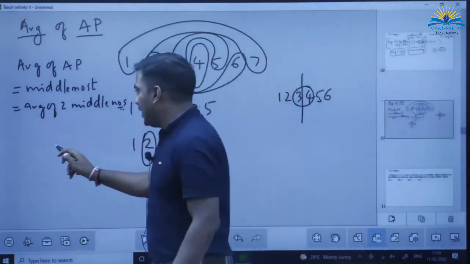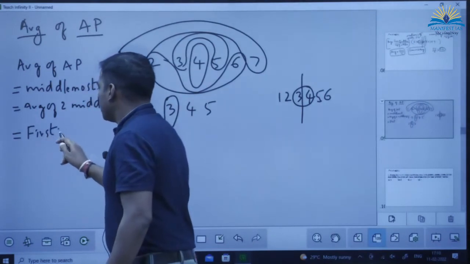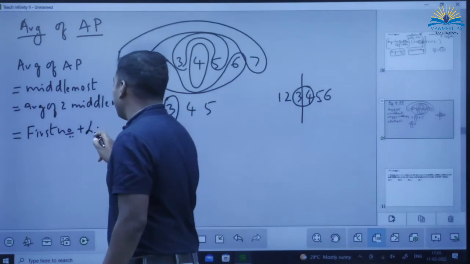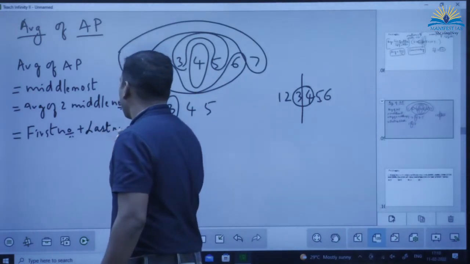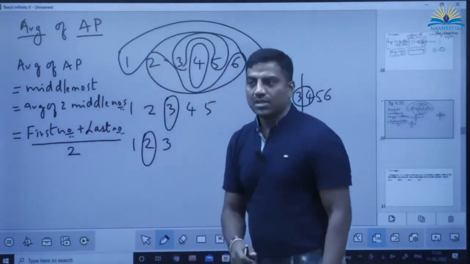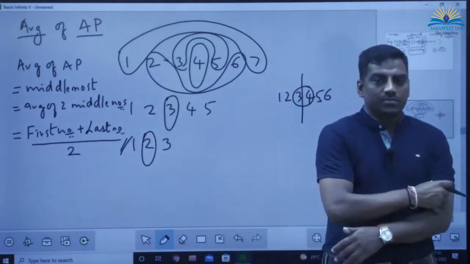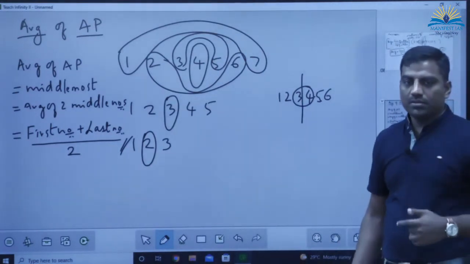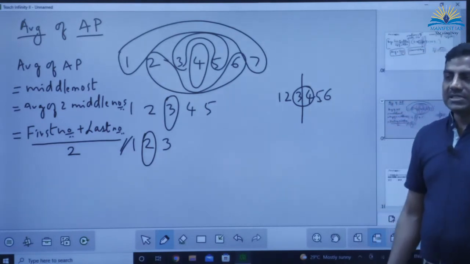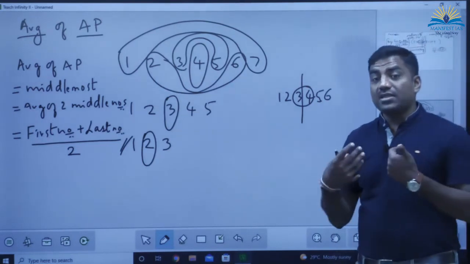For any AP, the average is first number plus last number divided by 2. This is the formula that we have to remember. First number plus last number divided by 2. You can take anything for that matter.